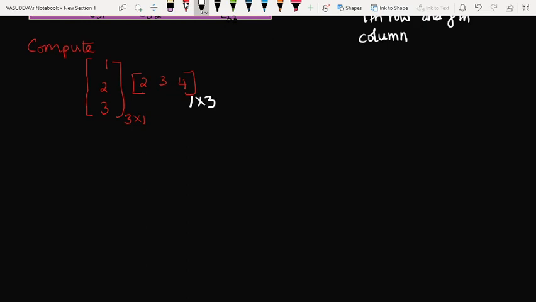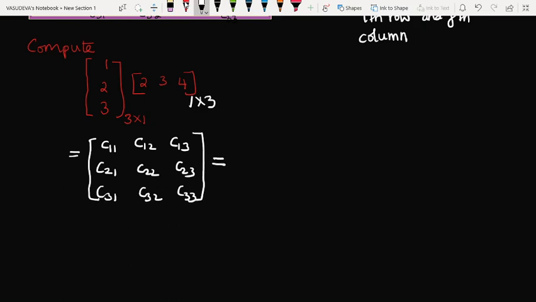So now what is the product of the elements? That must be a 3 by 3 matrix, with entries C11, C12, C13, C21, C22, C23, C31, C32, C33.